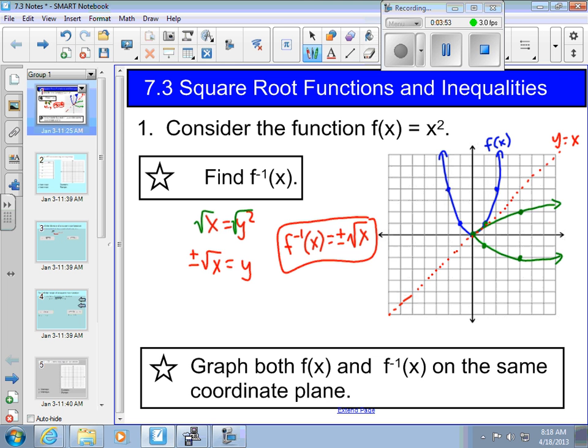So you can see both our original function f of x and our inverse function are reflections of each other over this diagonal line. We're going to be looking in particular today at the square root part of this, the inverse right here. This is the graph of square root of x that we're going to be looking at today.